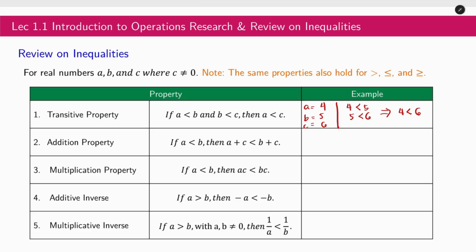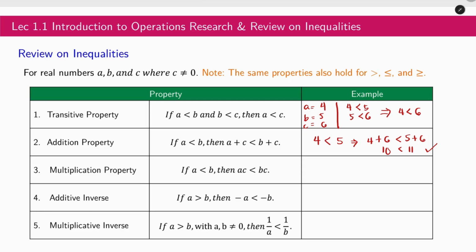If A is less than B, then A plus C is less than B plus C. So let's use the same example. If 4 is less than 5, this implies that 4 plus 6 is less than 5 plus 6. So we're using the same values of A, B, and C. So tama ba? 10 is less than 11. This is true.